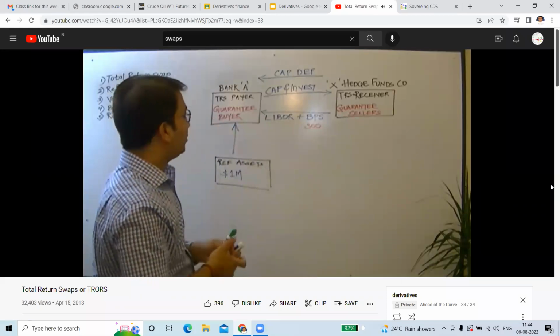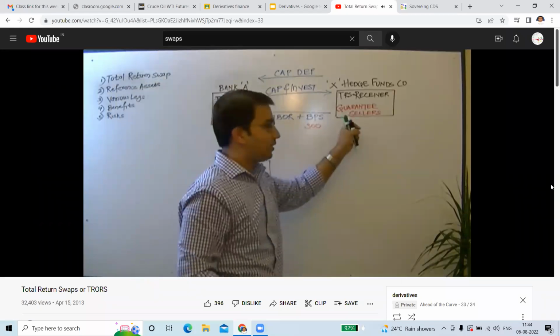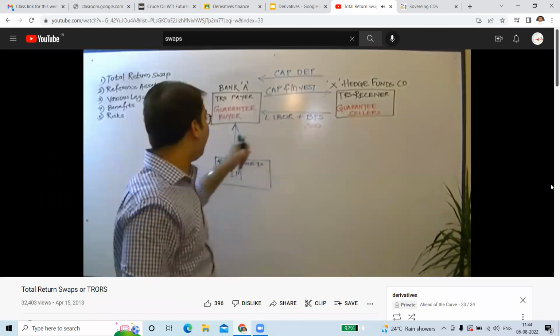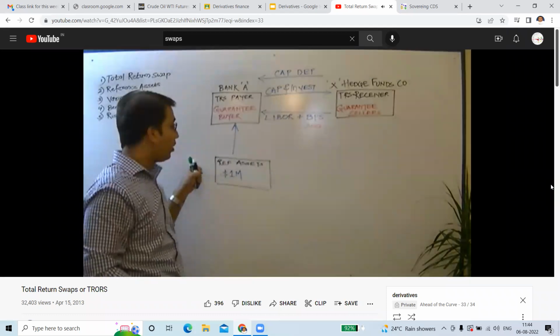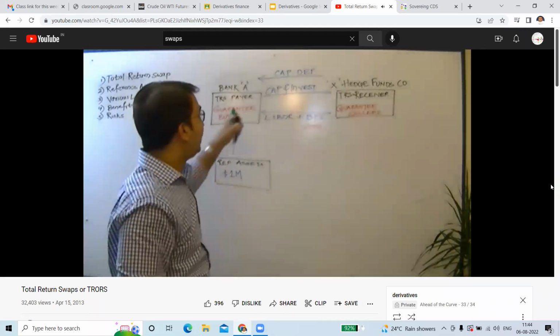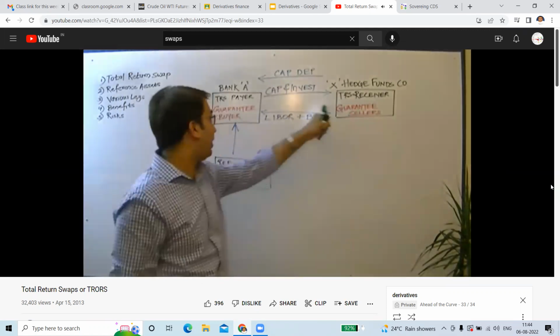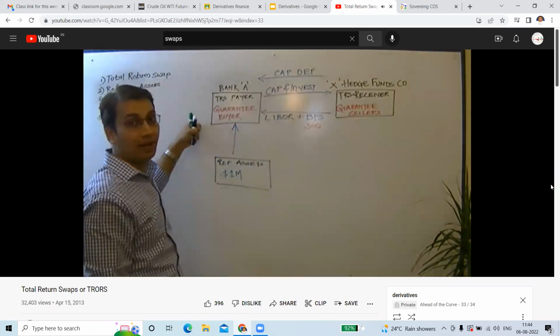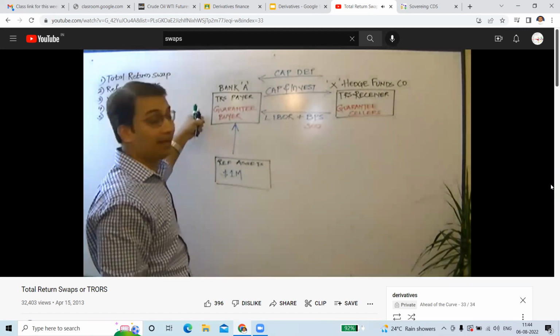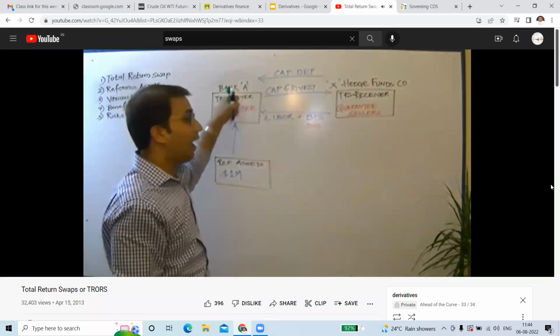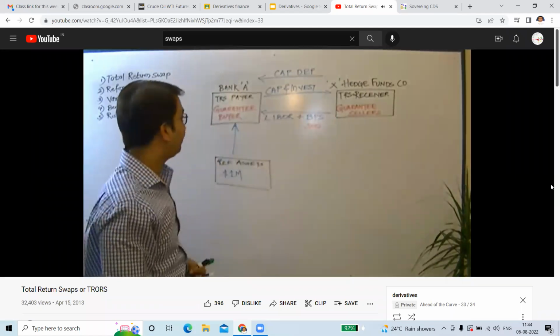As this party is giving a guarantee that if anything goes wrong with the reference asset, he is going to pay back the capital depreciation, this party becomes a guarantee seller, and the other party becomes a guarantee buyer because he is buying a guarantee that if anything happens to this reference asset, he gets the differences back.